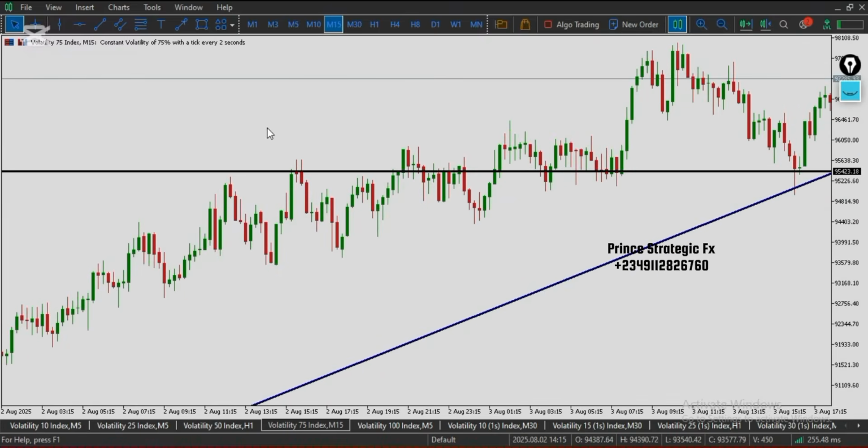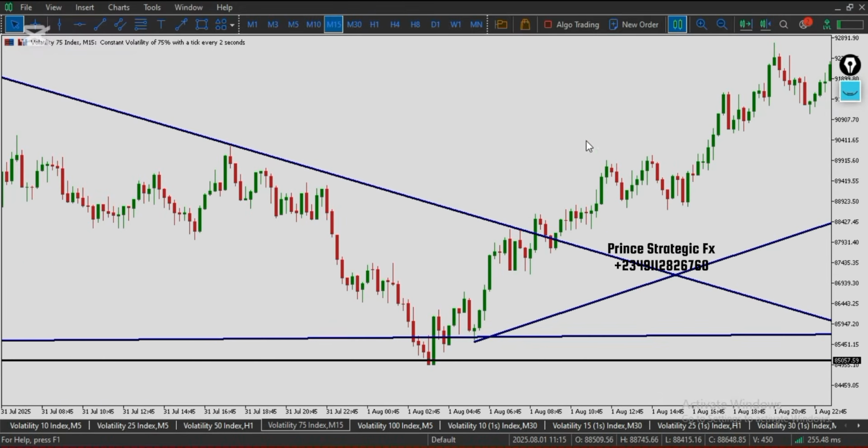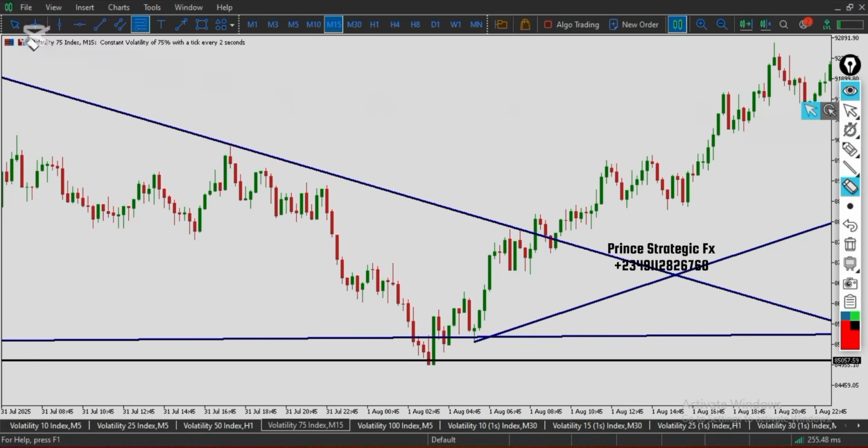So I went to my Fibonacci, and from this point all the way to here is my impulse move, right? Since from here to here is my impulse move, how do we find an entry? Remember, we are on an uptrend.